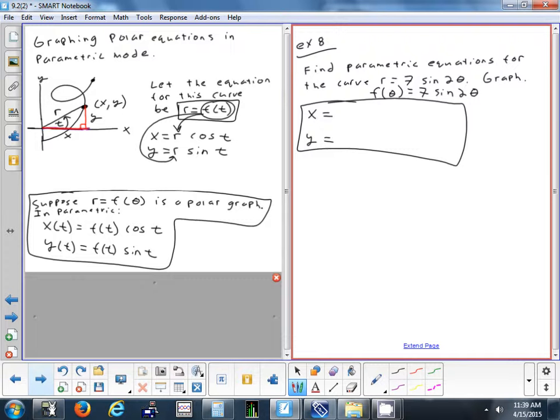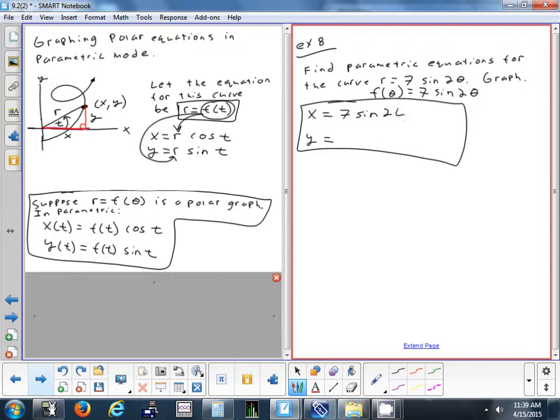So how would I write that first part, taking my equation and changing theta to t? Yep, so it would be f of t equals, and what would it equal on the other side? 7 sine 2t.